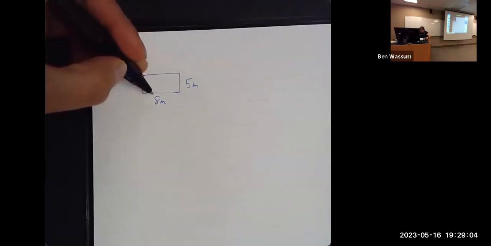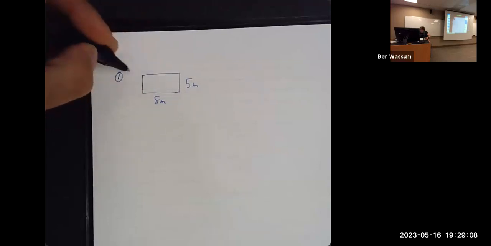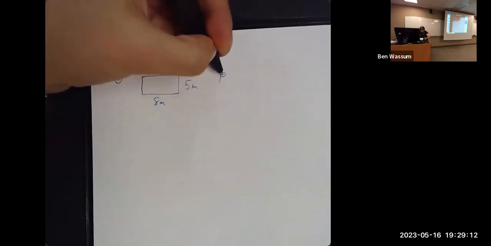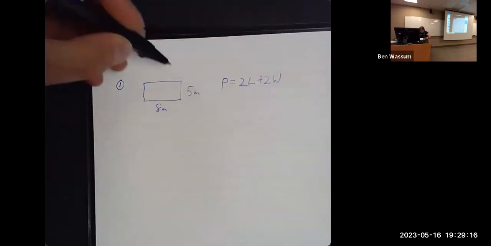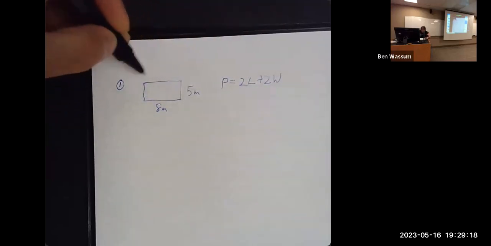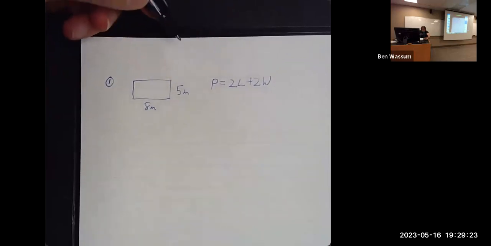Okay, so we need to enclose this area in a fence. And since this is a rectangle, we know that this length and this length are the same. This length and this length are the same, right? So for the perimeter formula, it's 2L plus 2W, because we don't really need to say 8 plus 5 plus 8 plus 5. We could just plug it into this and it'll spit out our perimeter, right?